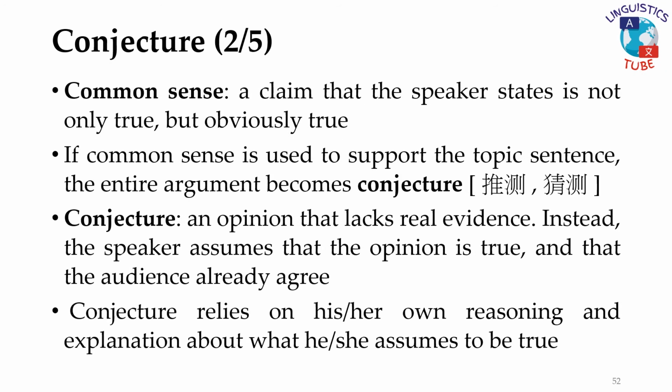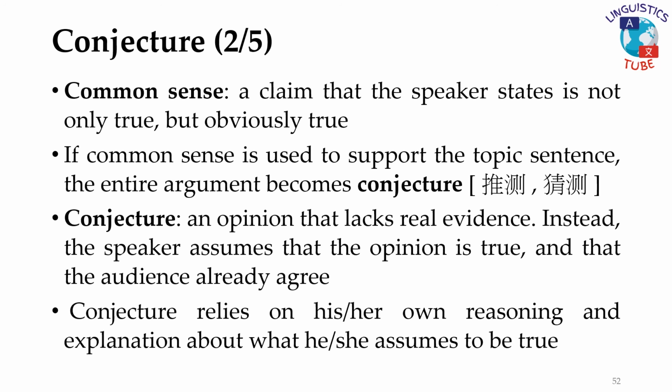Common sense is a claim that the speaker states is not only true, but obviously true. We saw some examples of this for the smoking in public places topic earlier in this episode. The result of the use of common sense as support for the topic sentence is that the entire argument becomes a piece of conjecture.